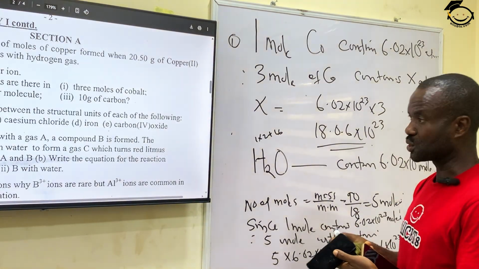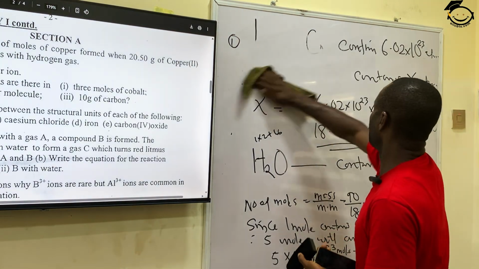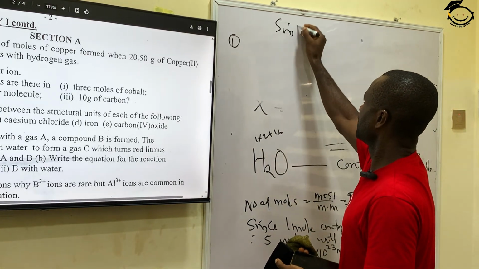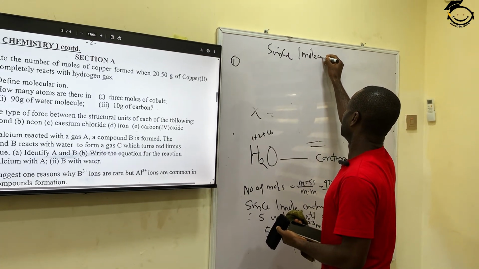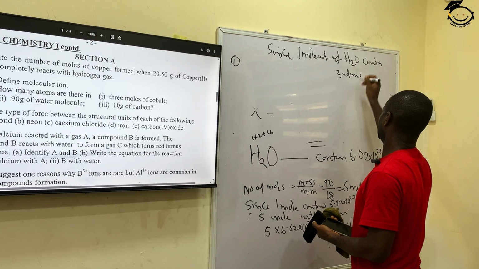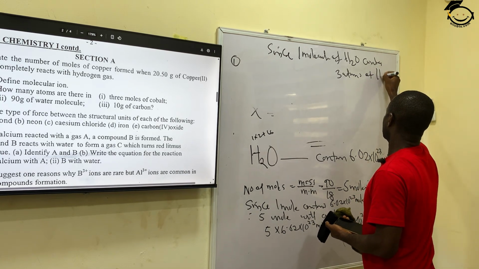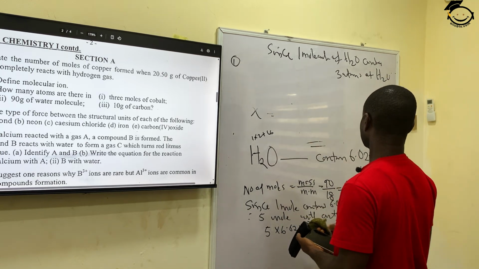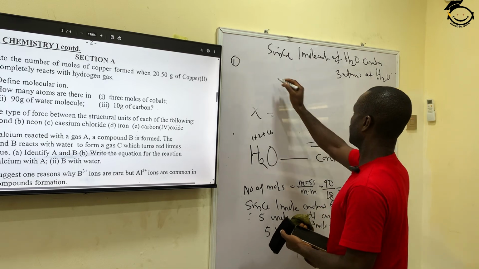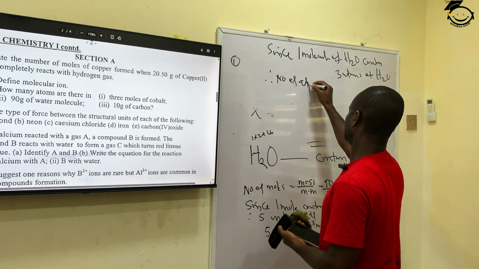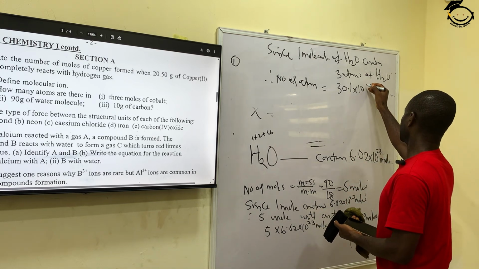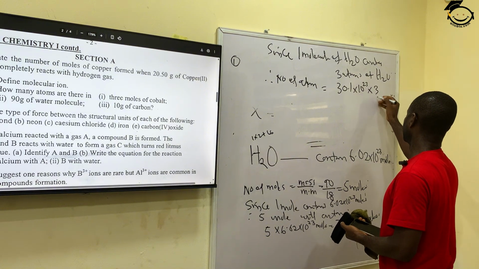We are not done yet because we are looking at atoms. And from this, since 1 molecule of water contains 3 atoms of H2O, therefore number of atoms equals 30.1 times 10 raised to the power 23 times 3 atoms.